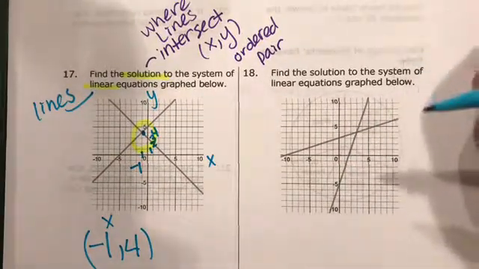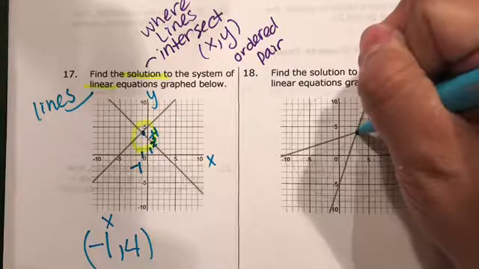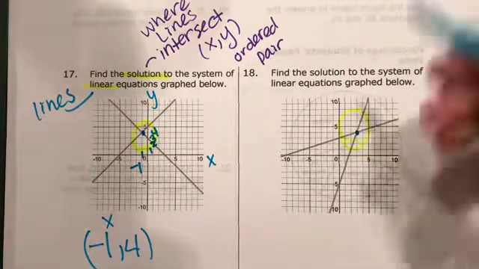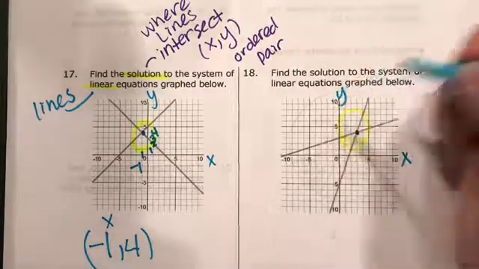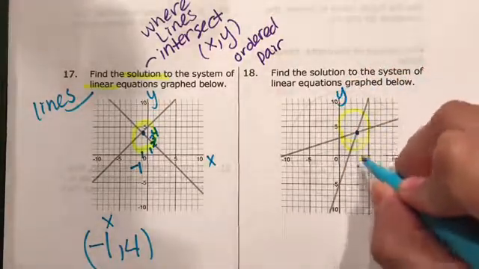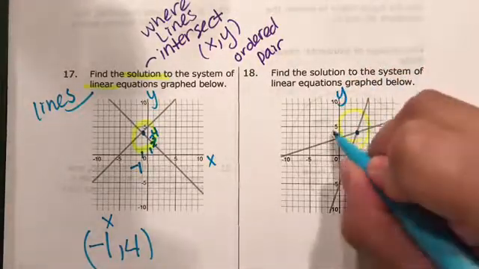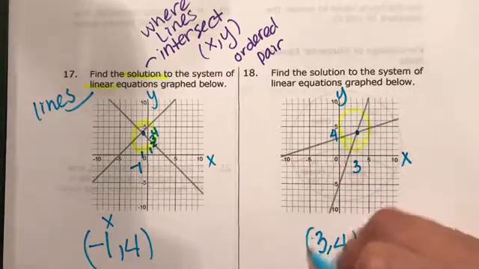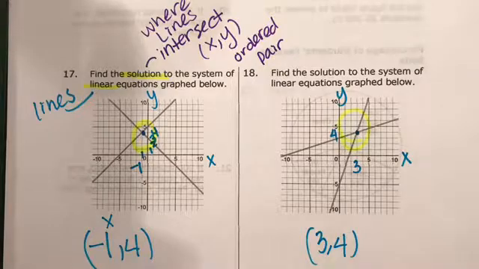It's the same concept. This right here is where it intersects by x-axis and then y-axis. So I say 3. That's going to be 3, 4. And it's just the point of intersection.